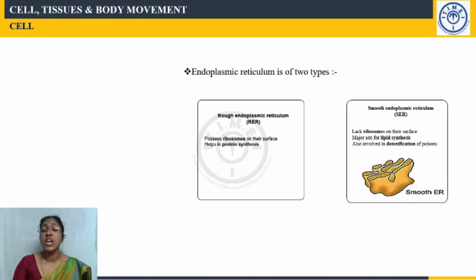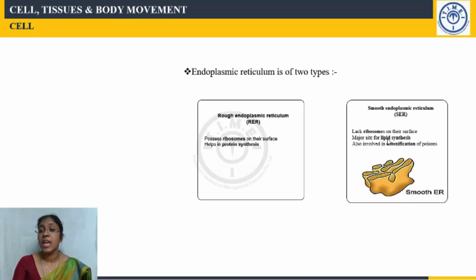Smooth endoplasmic reticulum lacks ribosomes on its surface, and it is the main site for lipid synthesis. What is lipid? It is fatty acid and glycerol. Fats and oils are examples of lipids.